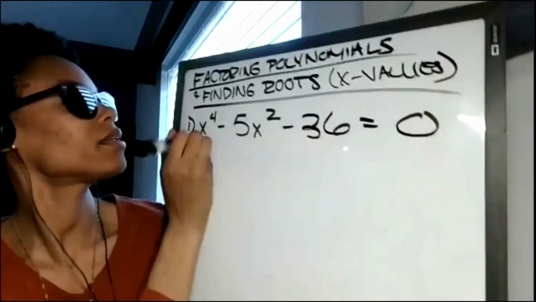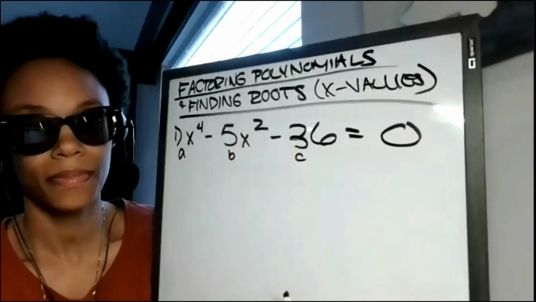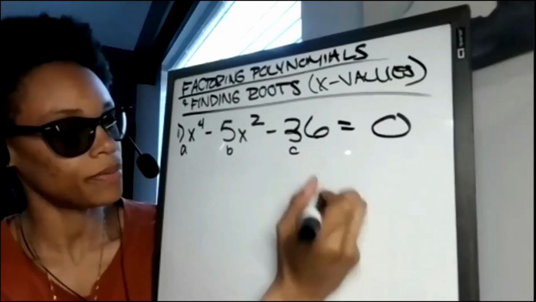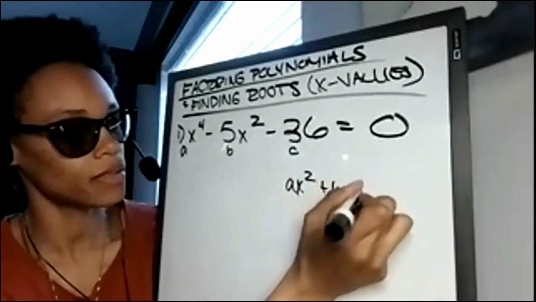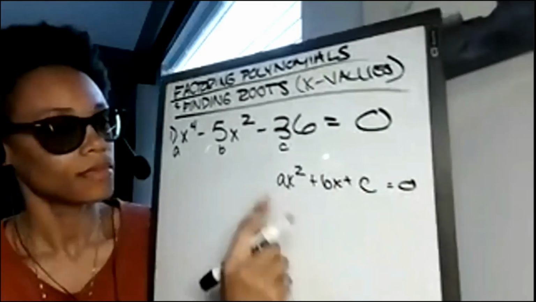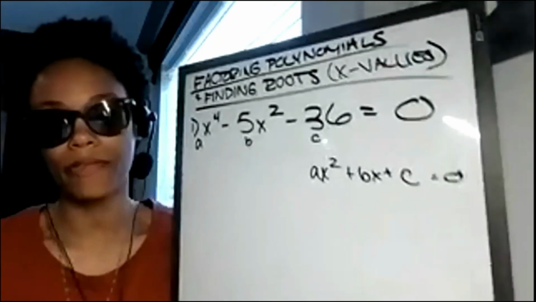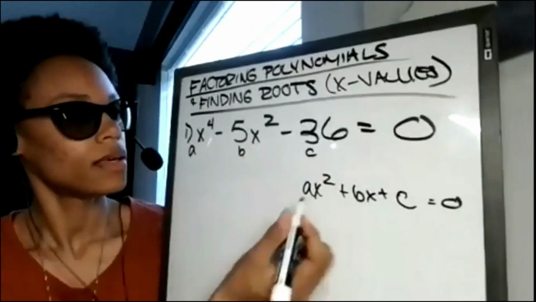I look at, let me put some labels on this, A, B, C. I'm just pulling that from ax squared plus bx plus c, the standard form for a quadratic function. This is my A, this is my B, this is my C in this case.